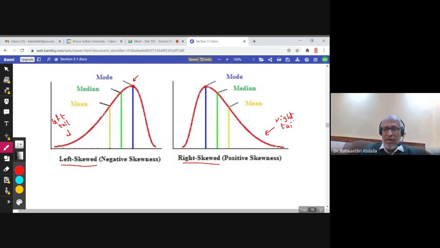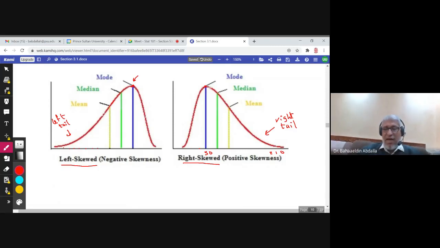So there is a minority of data to the right, but we have numbers like, if this is 50, most of the data here are 50, 60, 70, 40, but there are 0, 0, 1, 2. So they are pulling the shape of the distribution to the right, making a right tail. So the data would be right skewed, although most of the data would be around here, 50, 40, 60.